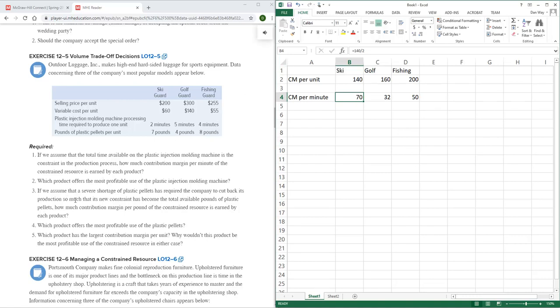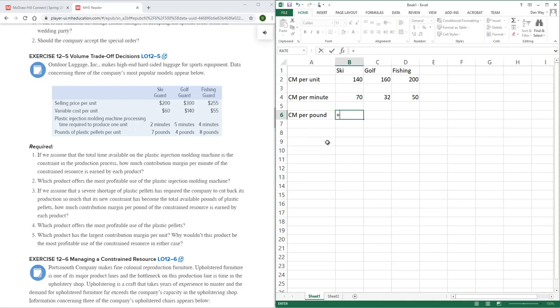Part 3 said, let's assume then that there's a shortage of plastic pellets, so we've had to cut back on production, and our new constraint becomes this amount of plastic pellets. So now we want to determine the CM per pound of that limited resource. And the calculation's similar.